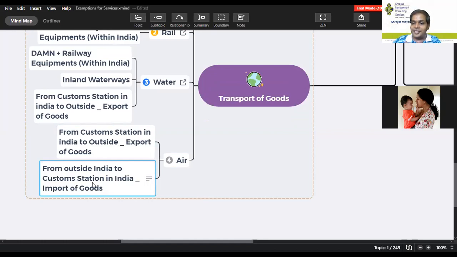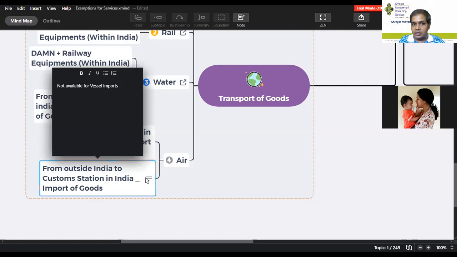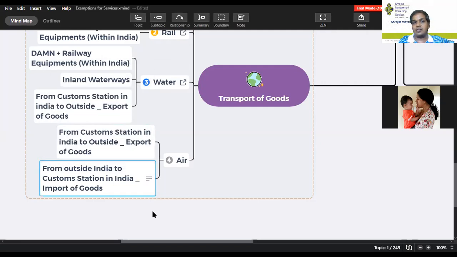For vessel, they are given exemption only for export. Whereas for air, they are given exemption both for export as well as for import. So that's the linkage we need to remember in mind. So the exemption is not available for vessel imports through ship, but through air the exemption has been given for the same.